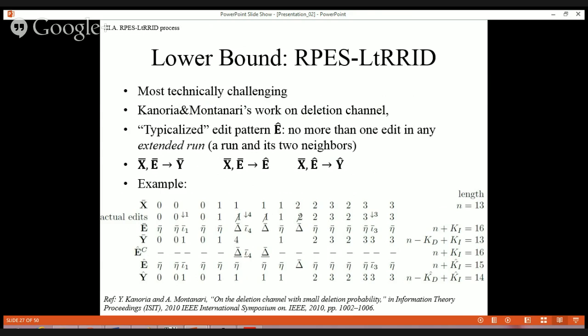The differences with their work are, firstly, our problem is a file update problem instead of a deletion channel problem. Secondly, because we mix deletions and insertions, this adds to the complexity of this work.